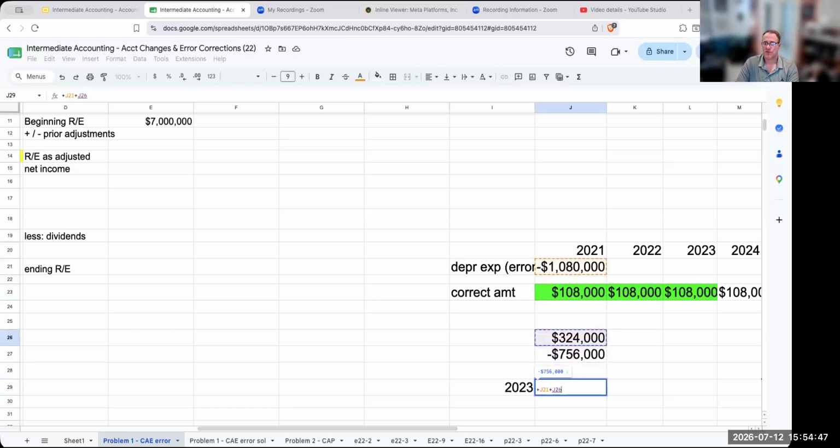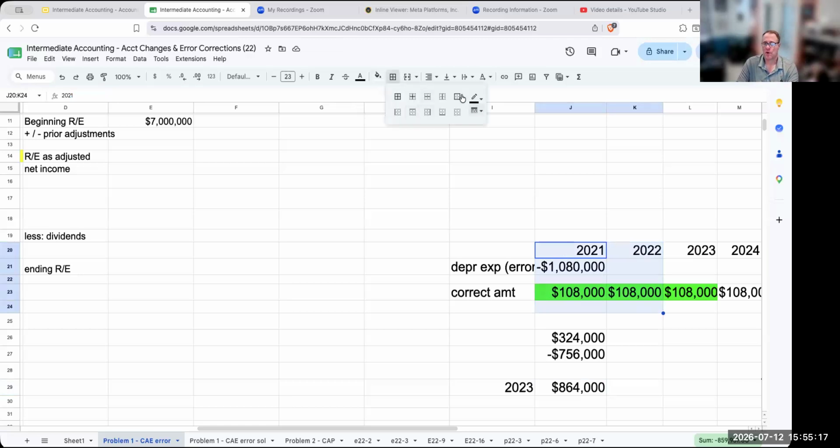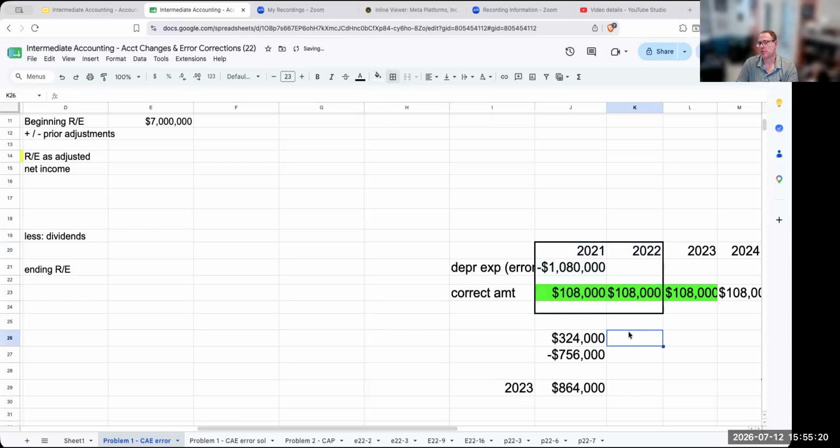Well, we would need to adjust our retained earnings effectively to increase it by 864,000. So over here, we need to increase our retained earnings by 864,000, because when we're doing this for 2023, we're focused on how much we need to adjust retained earnings by.